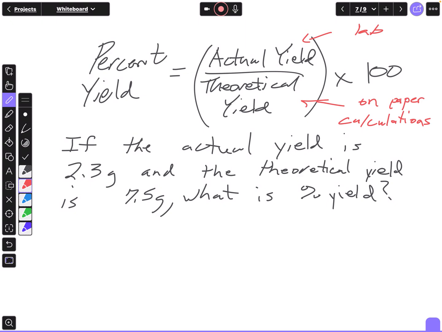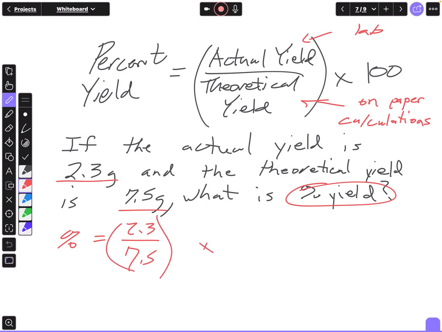But anyway, this problem tells me if the actual yield is 2.3 grams and the theoretical yield is 7.5 grams, what is the percent yield? My equation tells me the percent yield is equal to actual yield, which is 2.3, over my theoretical yield, which is 7.5. Divide first, then multiply by 100 to get a percent.